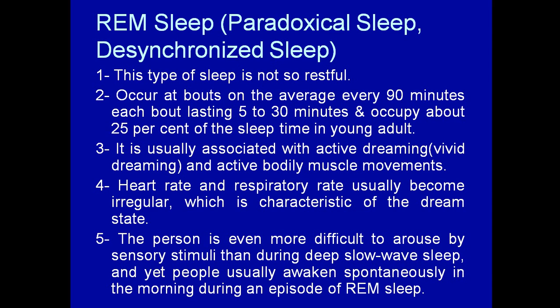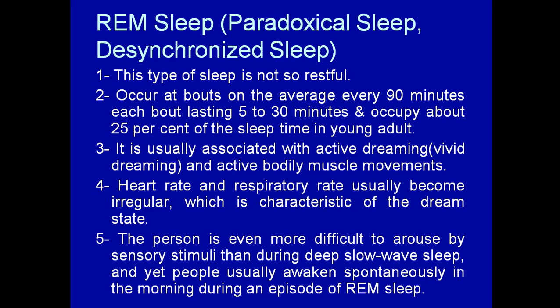As usual, it is associated with active dreaming, vivid dreaming and active body muscle movement. Heart and respiratory rate usually become irregular, which is characteristic of the dream state. In the other type, there is a continuing decline in these activities. The person is even more difficult to arouse by sensory stimuli than during deep slow wave sleep.